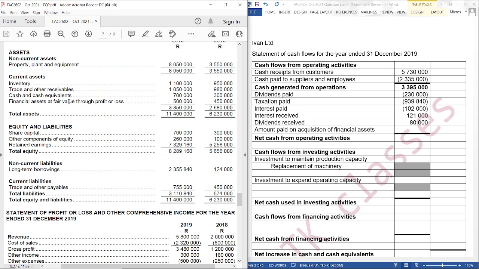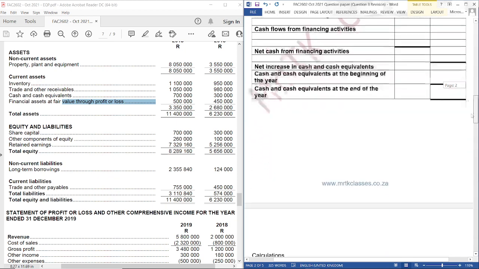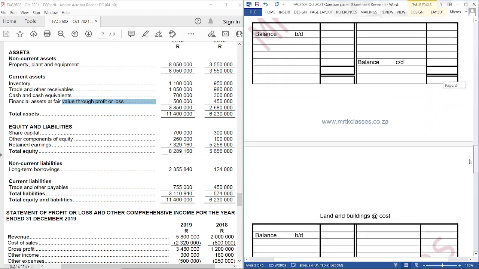Financial assets at fair value through profit or loss. Even this, you can see that they are under current assets. So this was very clear, and they also wrote here through profit or loss, which means that they are under current assets. So everything was very clear there.